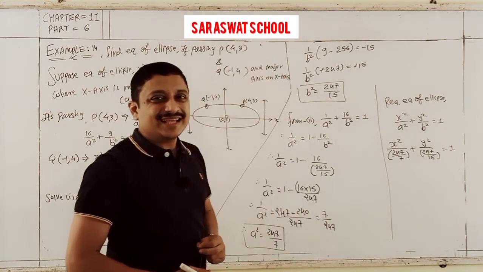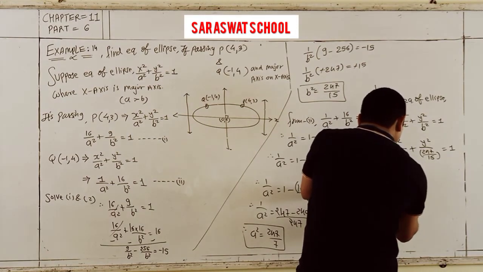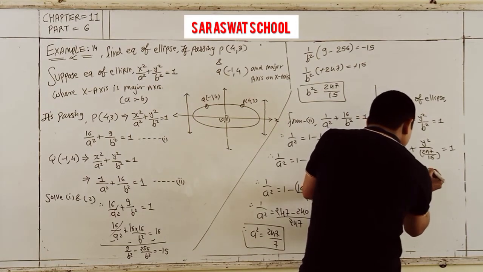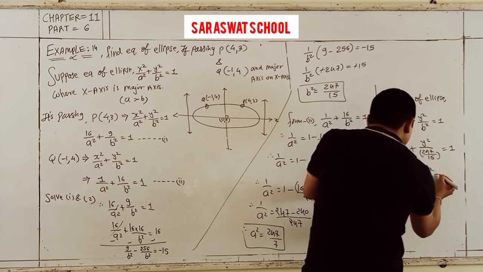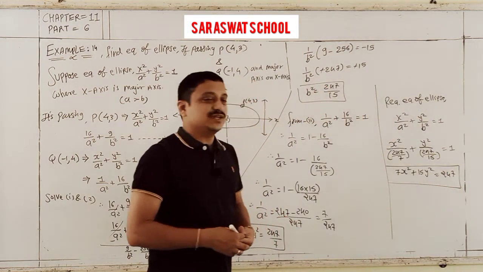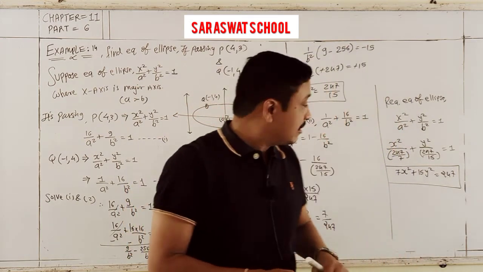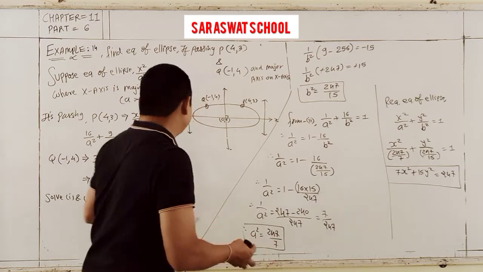Very easy and simple. So 7x square plus 15y square is equal to, students, in your textbook the answer is written as 247. Take LCM 247, carry forward to the right side, and the others are the same. So the answer is 7x square plus 15y square is 247.